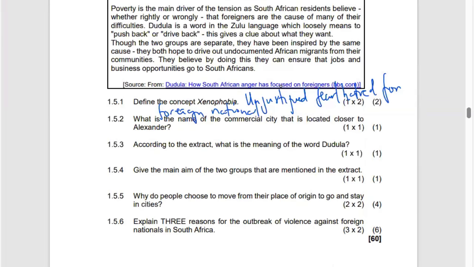That's xenophobia. It's unjustified fear. You just fear that you cannot associate with people from other countries, or you just hate people from other countries, which is unjustified. There's no specific reason which is valid there.